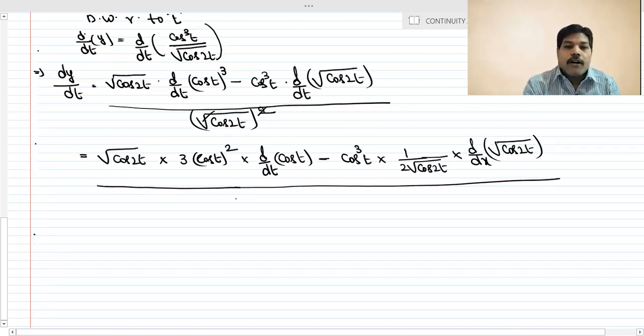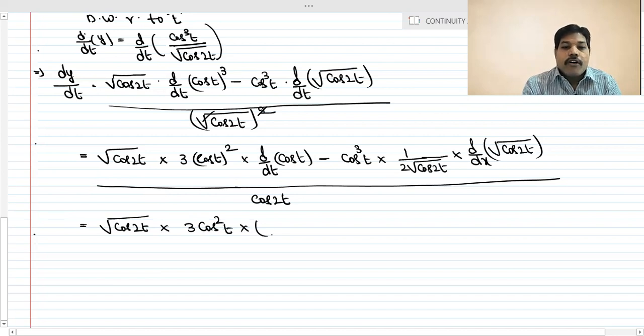the whole by cos 2t. So what happens? That is equal to root cos 2t into 3 cos square t into the derivative of cos t.